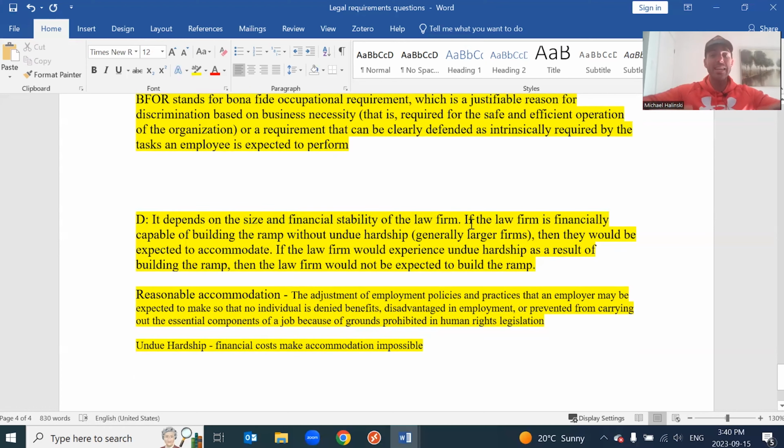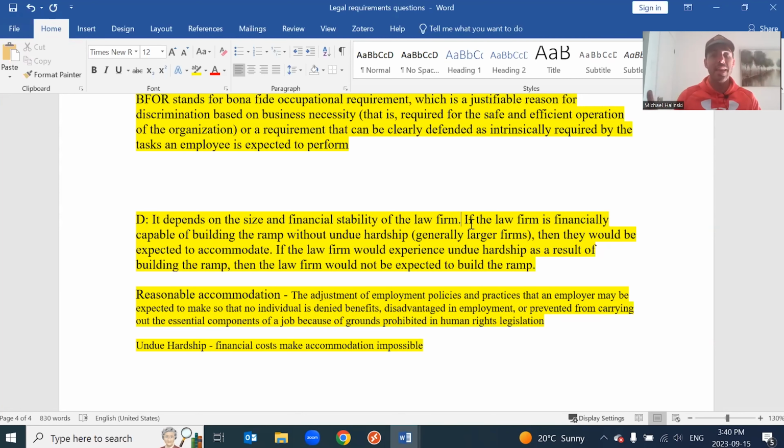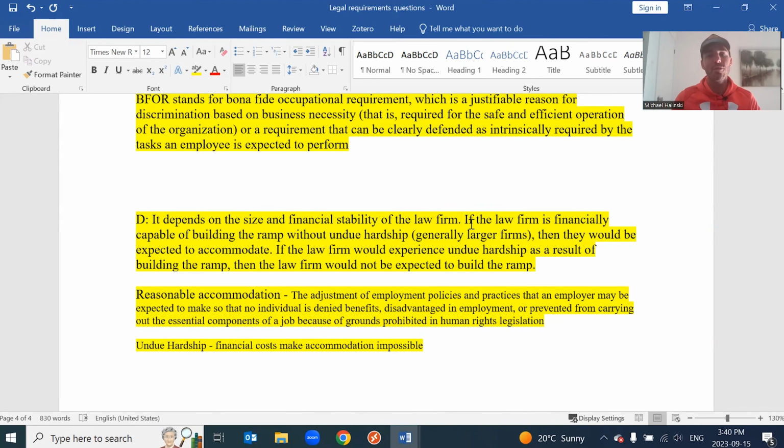Okay, so in a hypothetical scenario where the law firm is very financially capable, a big, very successful law firm, think Suits from TV, then yes, they would be expected to accommodate. However, if the law firm would experience undue hardship as a result of building the ramp, think of Better Call Saul, then that law firm would not be expected to build the ramp.